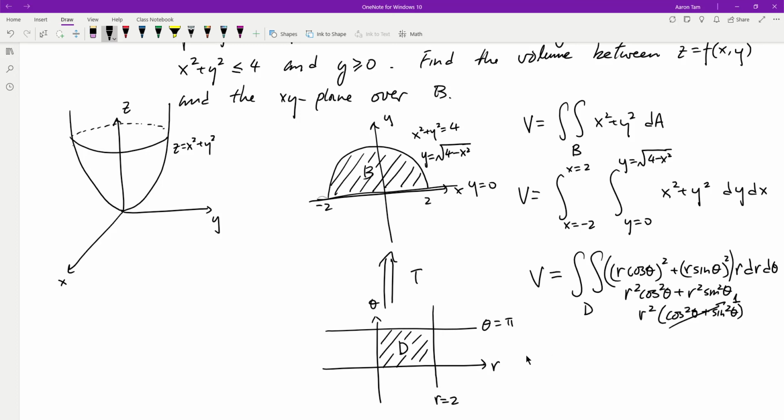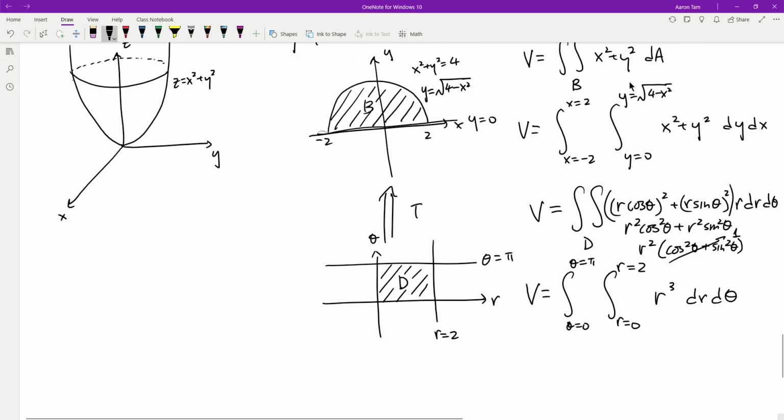So therefore, my volume equals the integral theta from 0 to pi, r from 0 to 2, the integrand becomes r squared times r, which is r to the third, dr d theta. That's a lot easier to integrate than the radical 4 minus x squared.